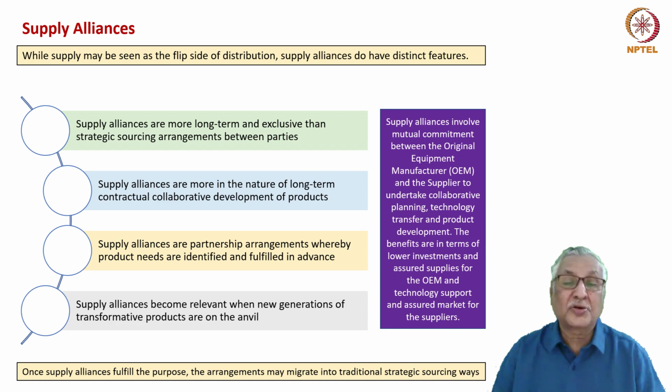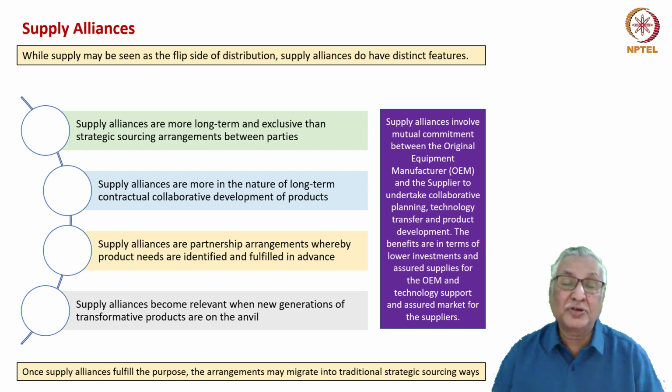They have contractual collaborative development of products as their underlying theme. These are partnership arrangements whereby product needs are identified and fulfilled in advance. Supply alliances become relevant when new generations of transformative products are on the anvil. Supply alliances typically involve mutual commitment between the original equipment manufacturer, that is the OEM, and the supplier or the vendor to undertake collaborative planning, technology transfer, and product development.